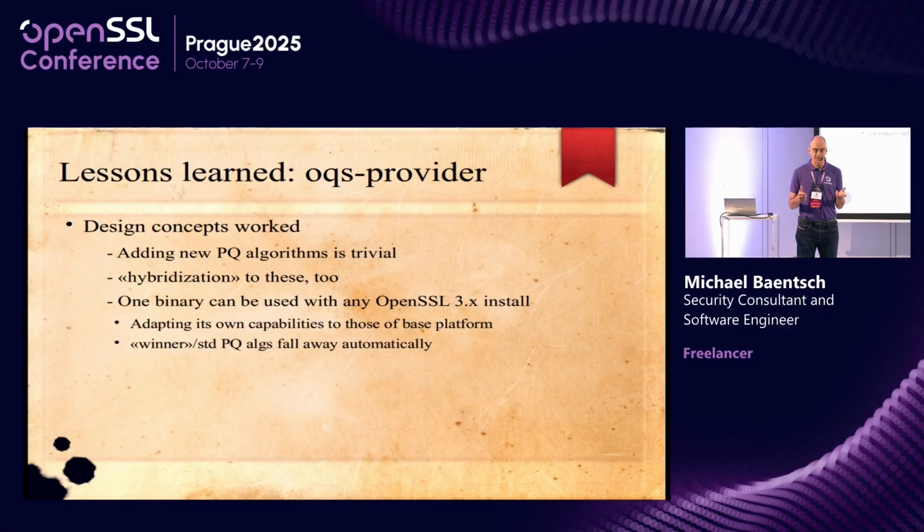So algorithms like ML-KEM, ML-DSA, SLH-DSA got standardized. And now, guess what happens if you are loading OQS provider into an installation that already has these algorithms loaded? They become disabled in OQS provider. And the core standardized production quality code of OpenSSL kicks in, which is pretty nice.